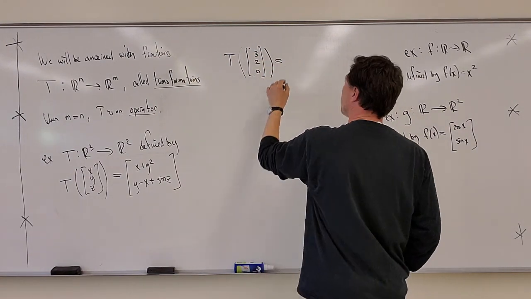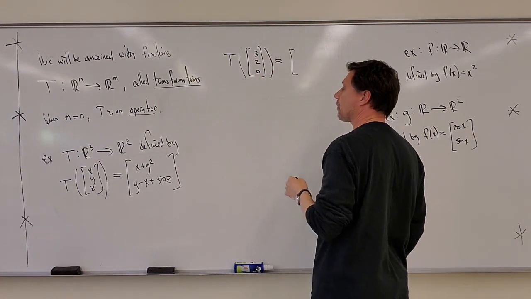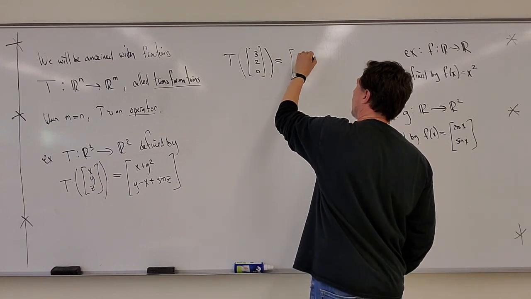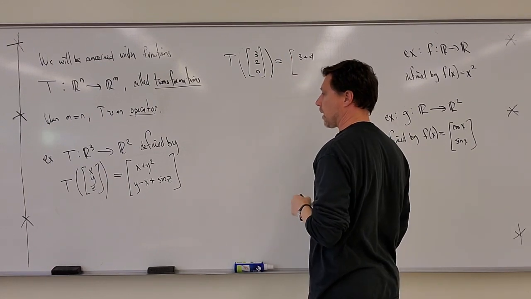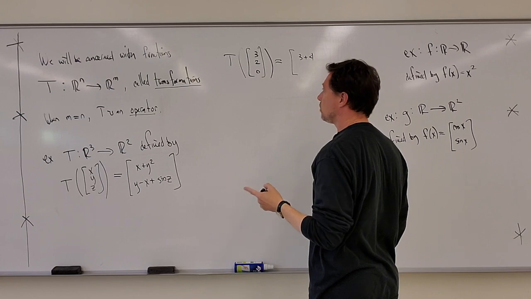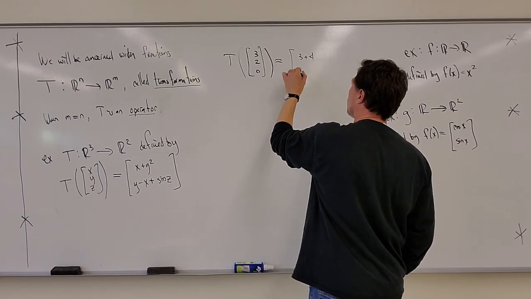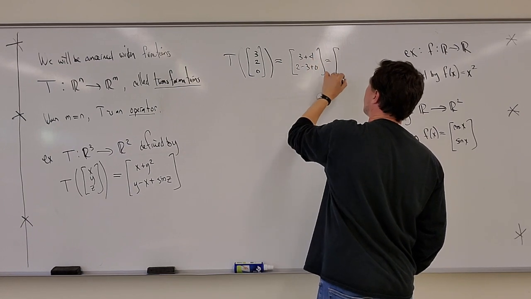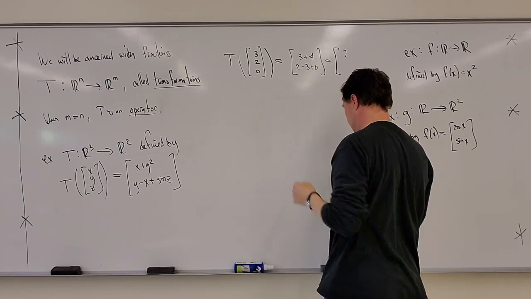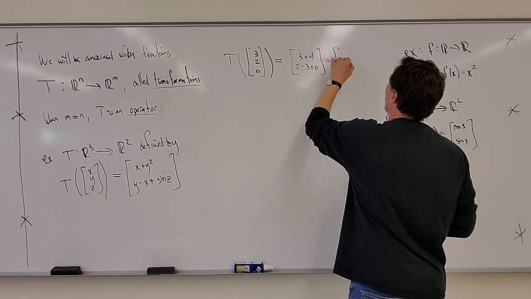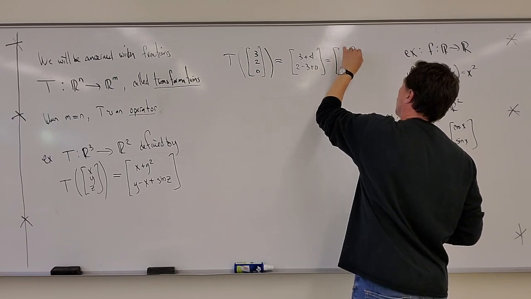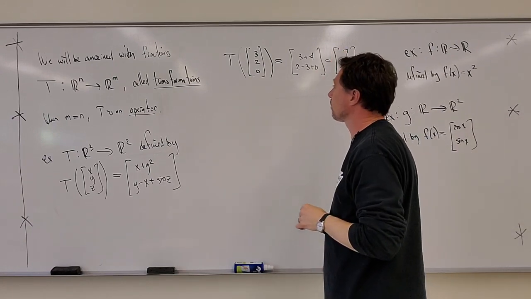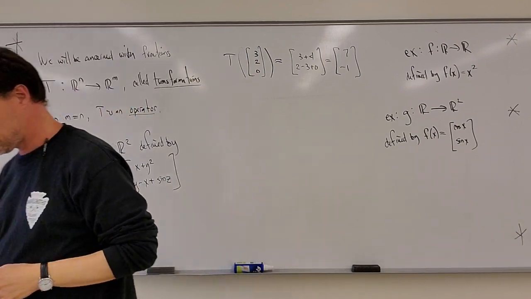It's going to be the vector. In the top, it's going to be 3 plus 4. In the bottom, it's going to be 2 minus 3 plus 0. And so what we get is the vector 7, minus 1. Okay, so there's an example of a transformation.